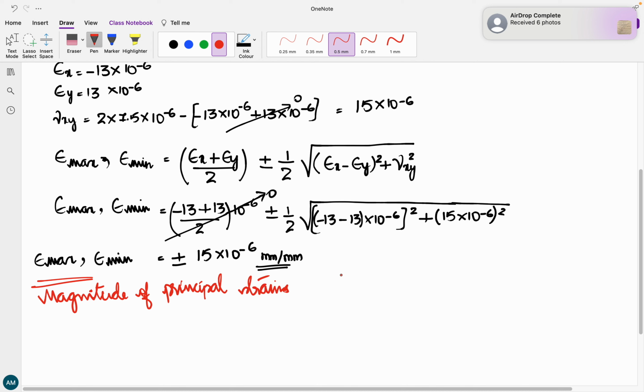We can write epsilon max as 15 into 10 power minus 6, epsilon minimum as minus 15 into 10 power minus 6.